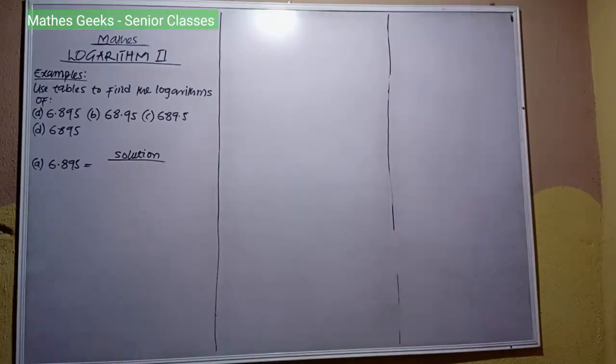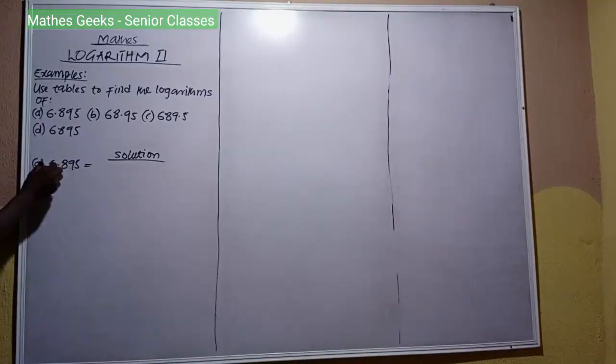So first things first, to get the characteristic, we just determine its value by counting the number of digits that make up the integer part and then subtracting one from it, because it's always going to be one less than the number of digits that make up the integer part, which is the whole number part of the number.